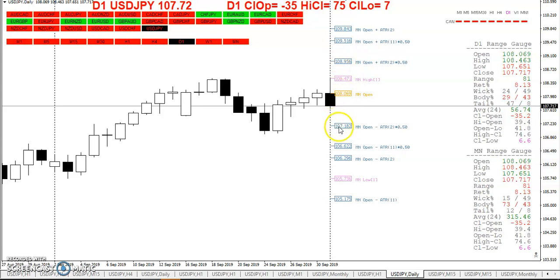So look for price to hit one or both of those levels. Because if you think about it, price has to move, right? And so if it's going to hit the ATR, then it's going to have to at least hit the halfway point in one direction or the other, or both. That's just, once again, simple logic.